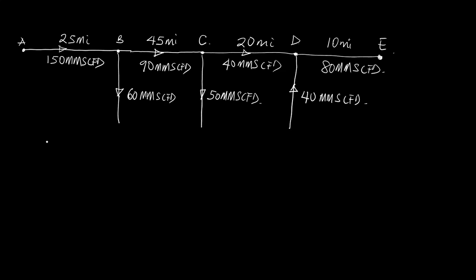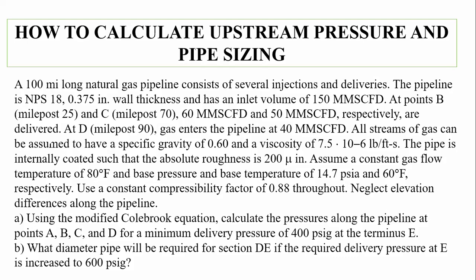Now look at the parameters we're given. We're given the pipeline to be NPS 18 and 0.375 wall thickness.